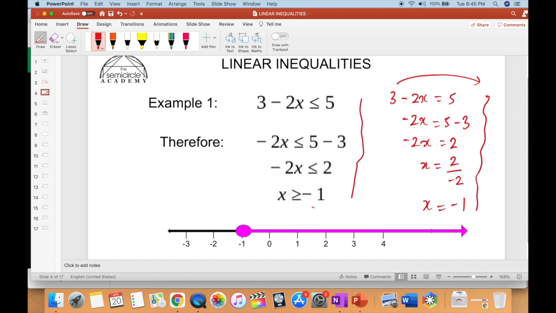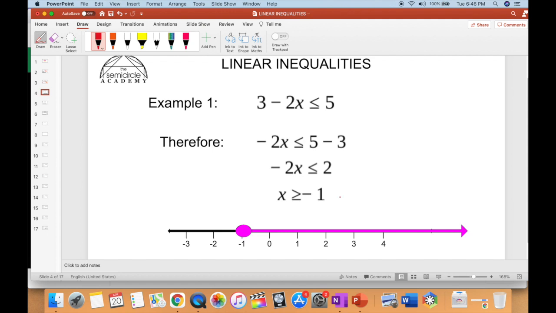I even get the same answer as if it was an equal sign. But the only thing is that when you are transposing a negative multiplication or division, you have to flip the inequality.